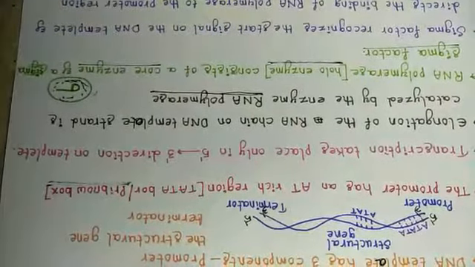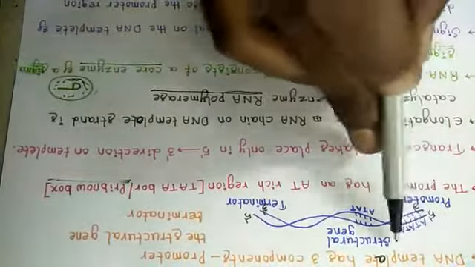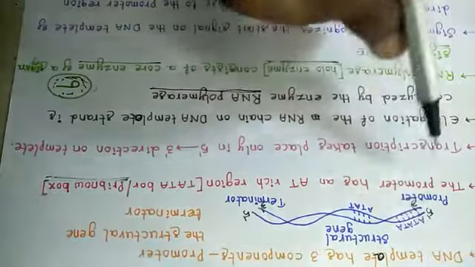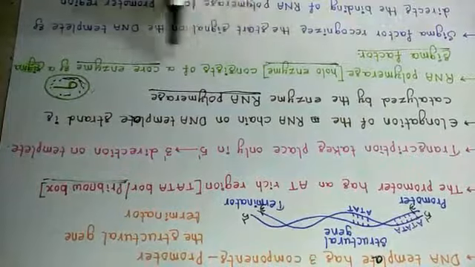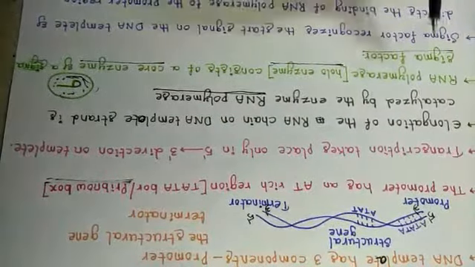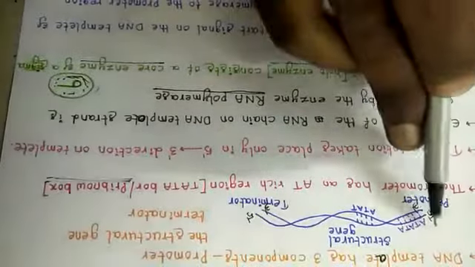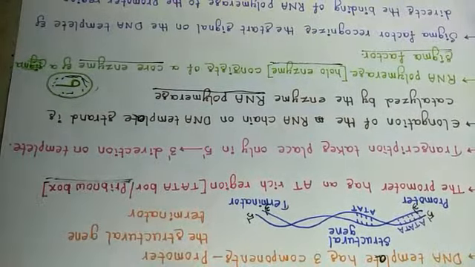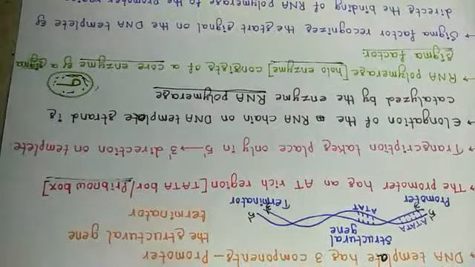It recognizes the starting signal of the promoter. Wherever the promoter region is present in the double stranded DNA, it can be recognized by this sigma factor, which directs the RNA polymerase to bind to the promoter region.